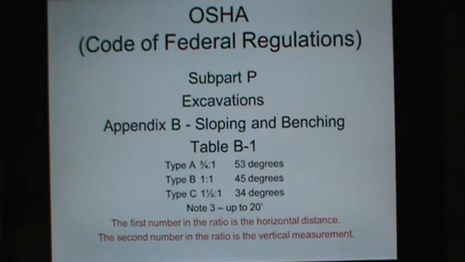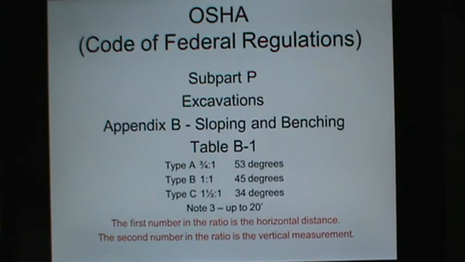Now that type A soil that we told had a pretty high compressive strength, we can slope that at a 3/4 to 1. And that's also 53 degrees. Well, what does that mean? That means for every foot that you go deep, you have to go 3/4 of a foot horizontally. So how far horizontally would you have to go if you were going 10 feet deep?